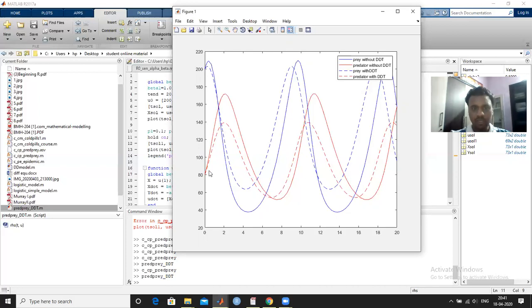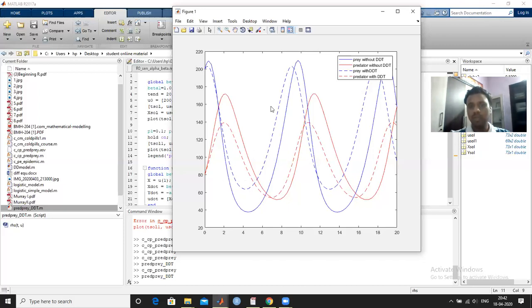And the predator population has decreased from here to here. That's clear. The population of the prey is decreased from here, but on average, the population of prey has increased compared to the previous one, because here the population is increasing rapidly.